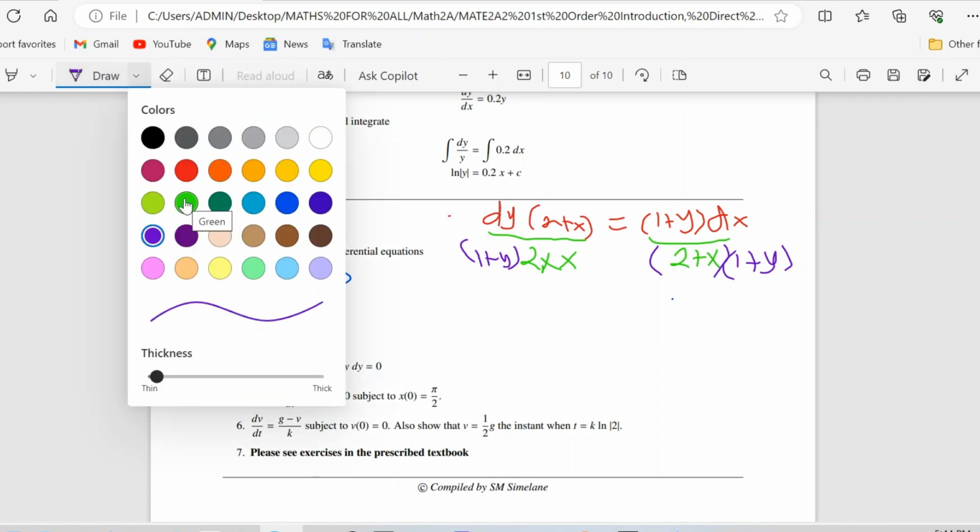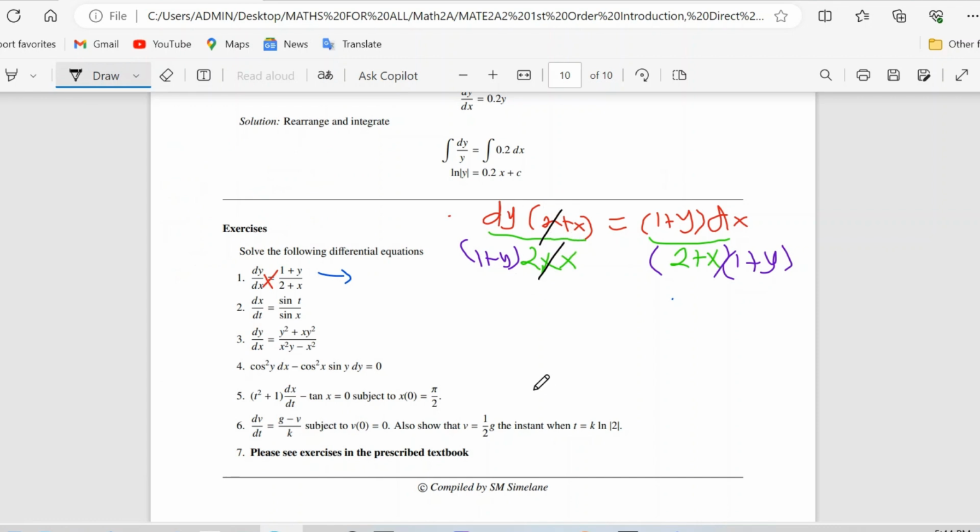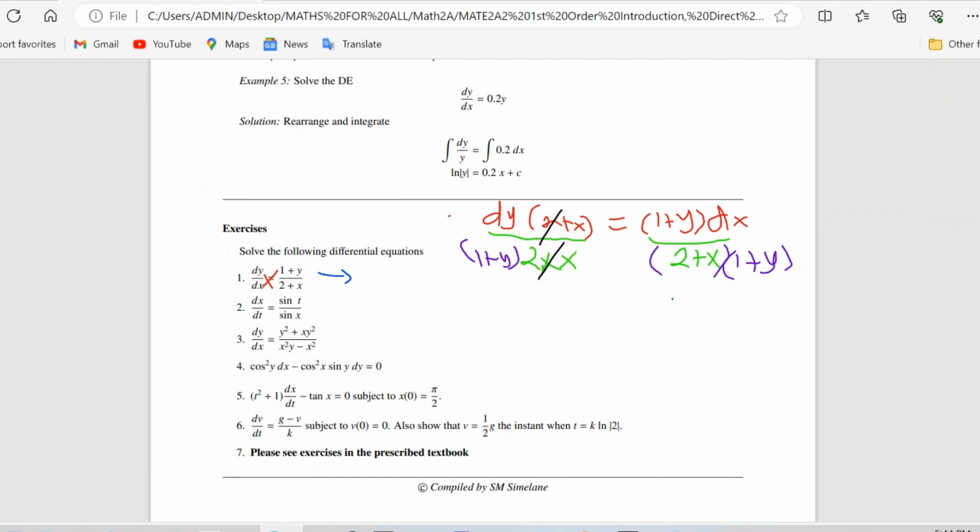Then dy says, fine, if now my daughter 1 plus y is back, you should cancel and go away from me. Now dy over (1 plus y) is equal to dx over (2 plus x).